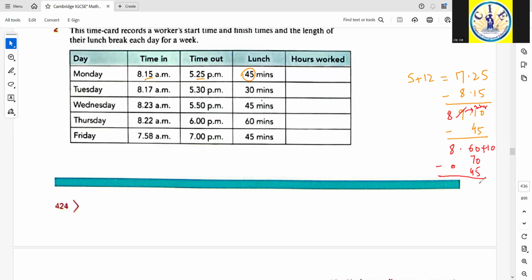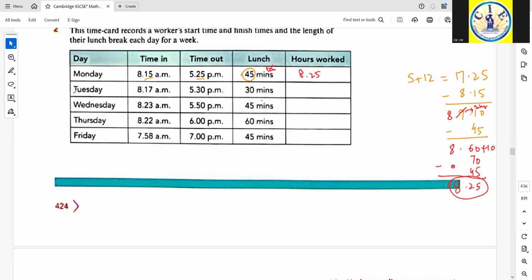This will give us 25, and then 8 in the hours would be the same. So the total hours worked at the workplace with a lunch break of 45 minutes is 8 hours and 25 minutes.